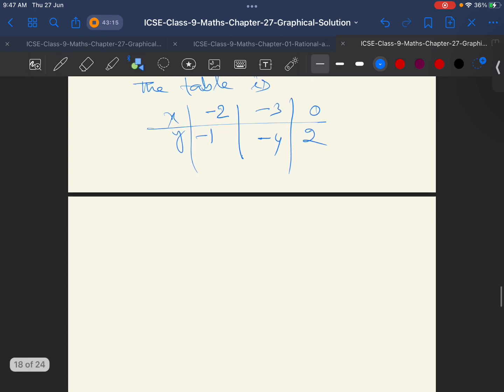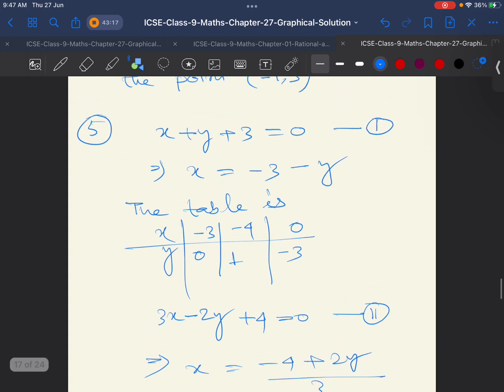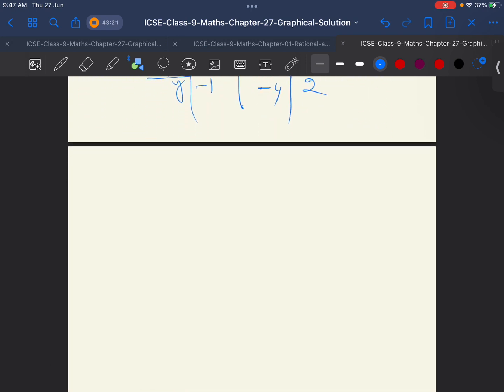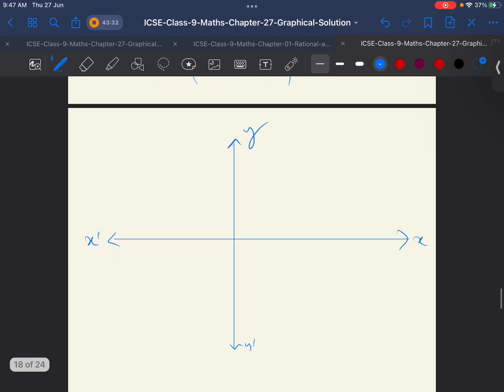Now we draw the x-axis and y-axis. This is x and x', this is y and y'.